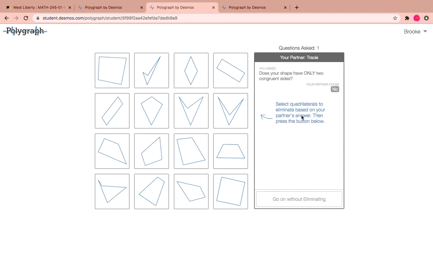So with this, select quadrilaterals to eliminate based on your partner's answer. So no, it does not have only 2. So when we go through and eliminate, we're going to be eliminating ones with only 2 congruent sides.